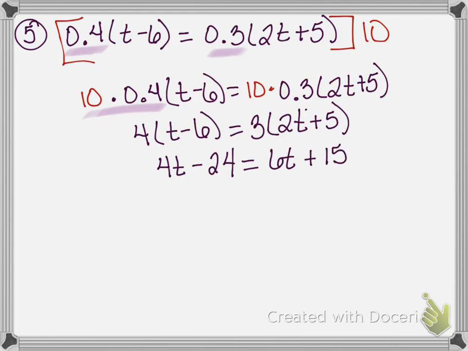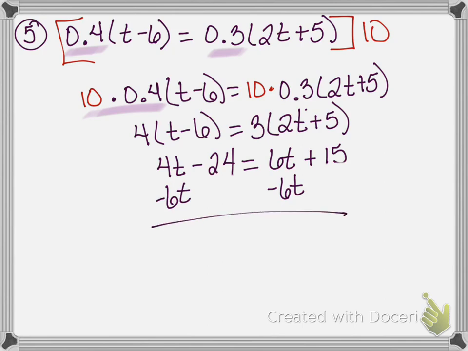I add 24 to both sides. Actually, it's okay if you added 24 to both sides. That's a completely fine way to do it. I typically encourage you to deal with the variable first, and I typically encourage you to move the variable to the left.